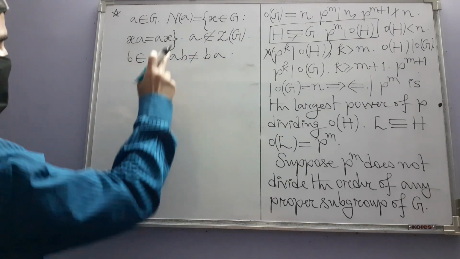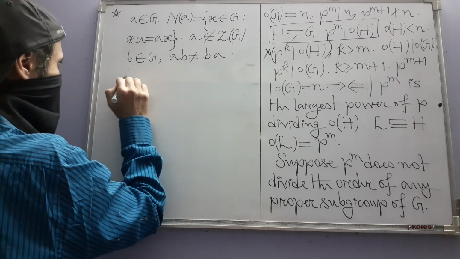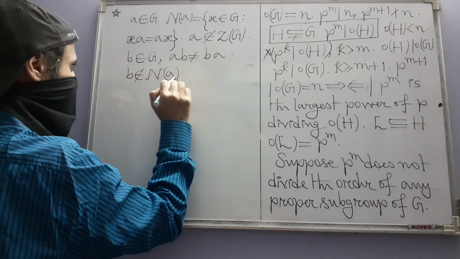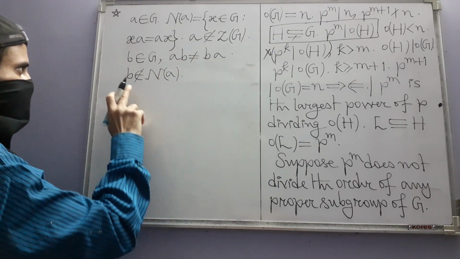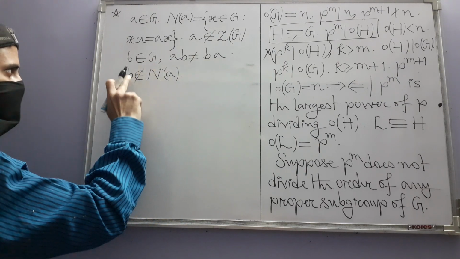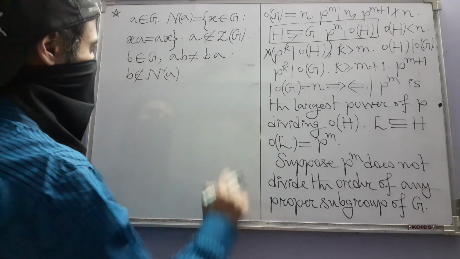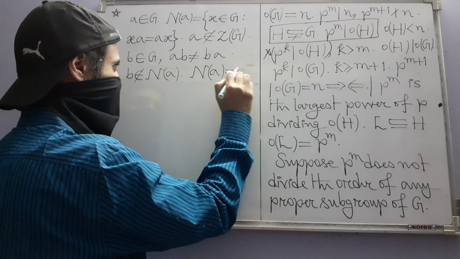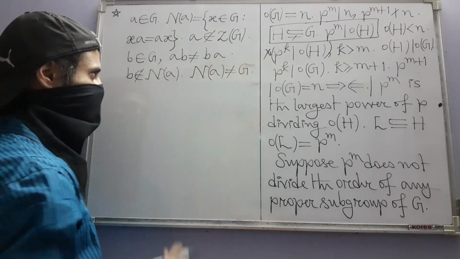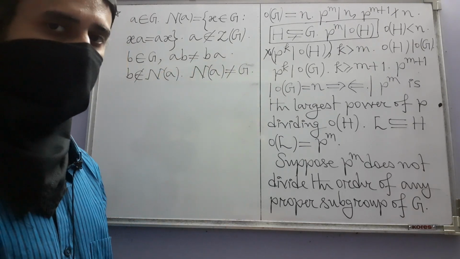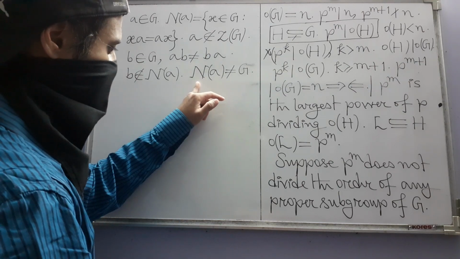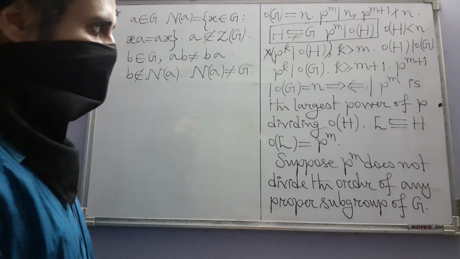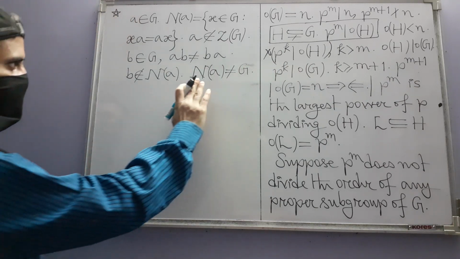But then by the definition of NA, B is not in NA. In other words, NA is not equal to G. In fact, it's smaller than G. That is, NA is a proper subgroup of G. So what have we concluded here?